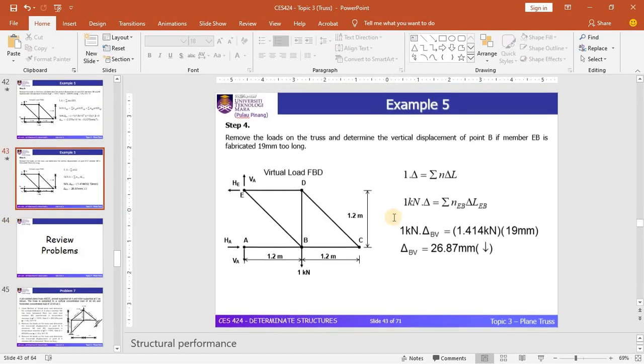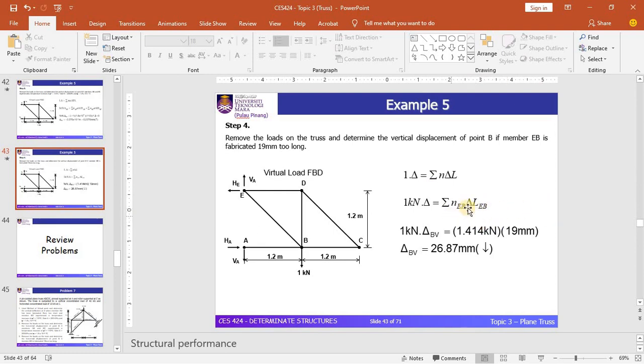The equation you need to use is the fabrication equation, which is equal to the summation of n delta L. Since only one member is affected, you have one term in the equation. If two or three members are affected, you need two or three terms in the equation.